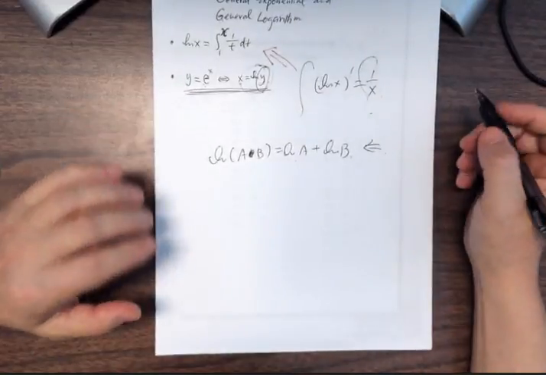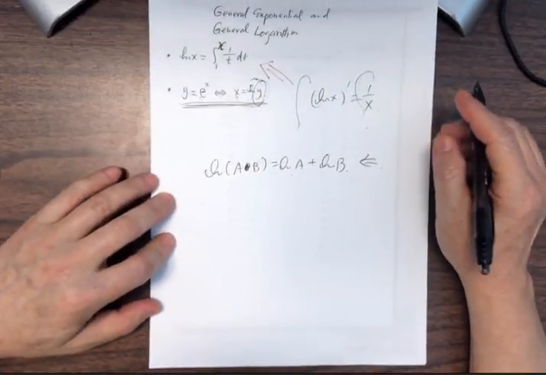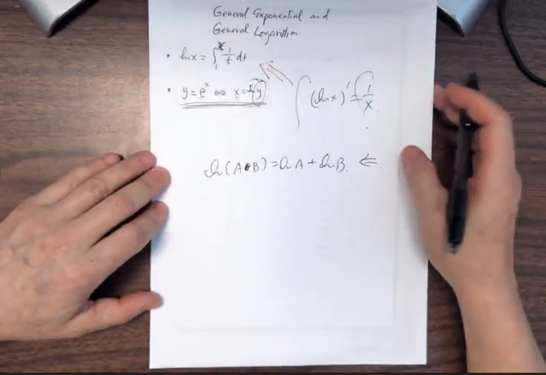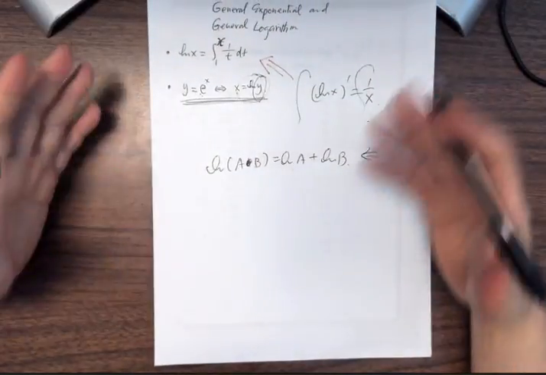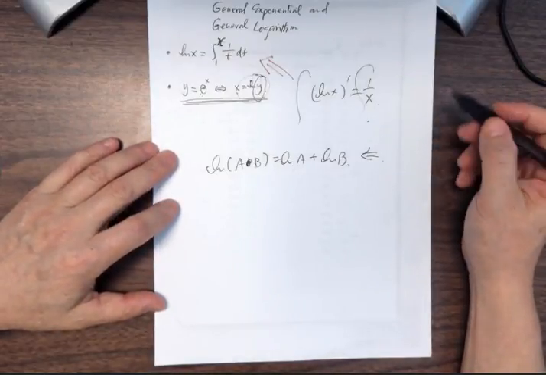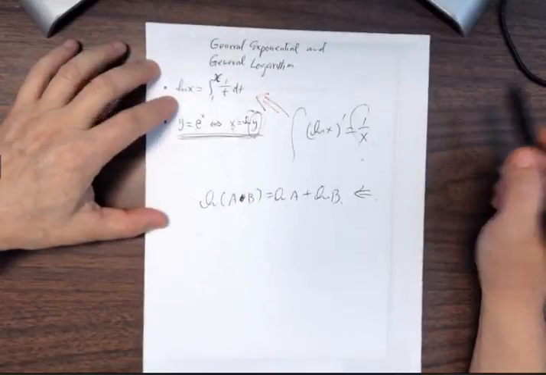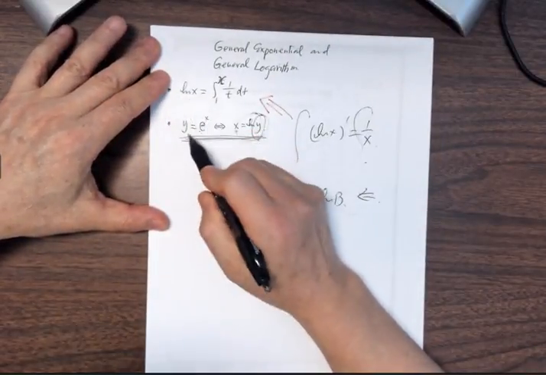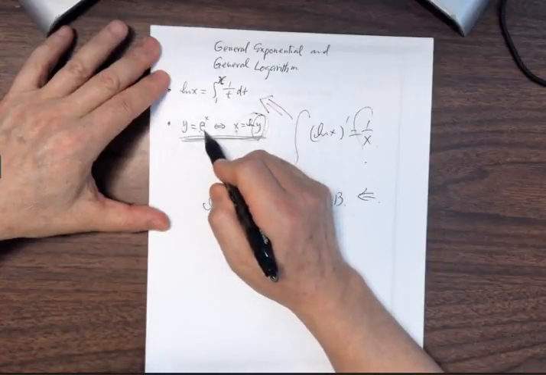Now, like I said, this is a calculus class, so we will primarily focus on integration and differentiation involving those functions. The log here is log to base e, and the exponential here is exponential to base e.